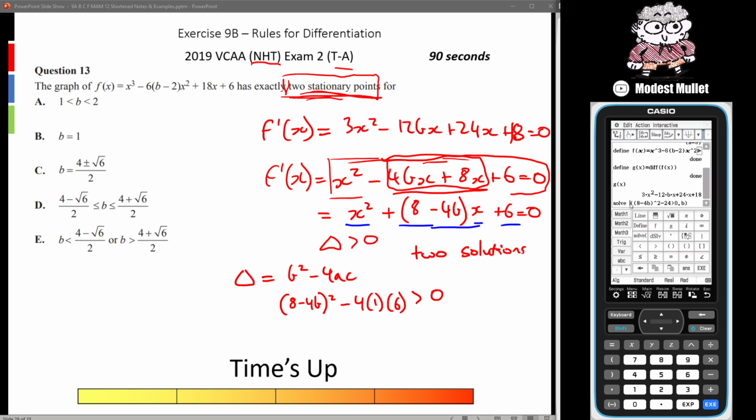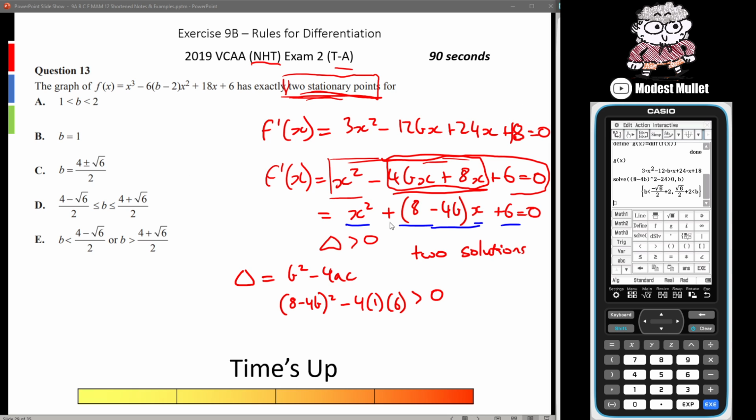Let's see if it can do that. There we go. It can. So b needs to be less than negative root 6 on 2 plus 2.